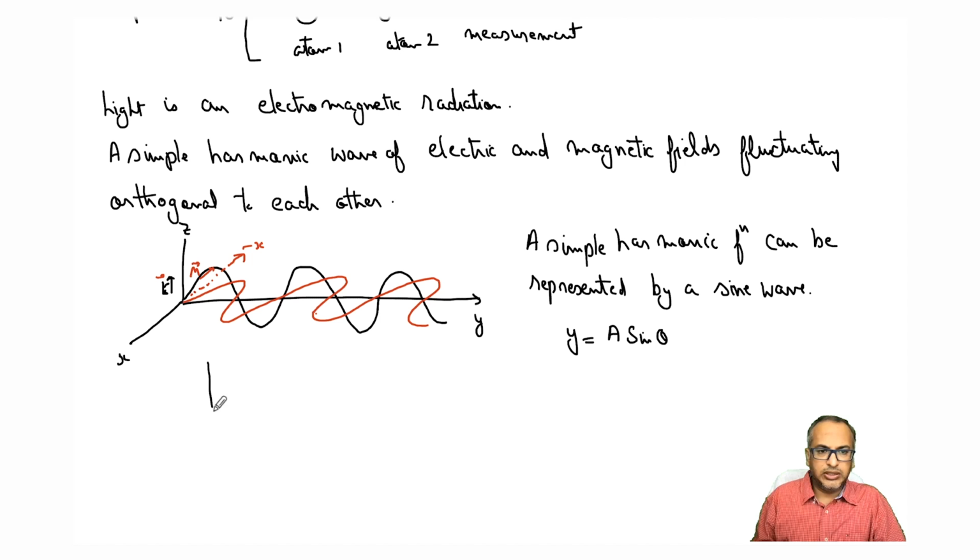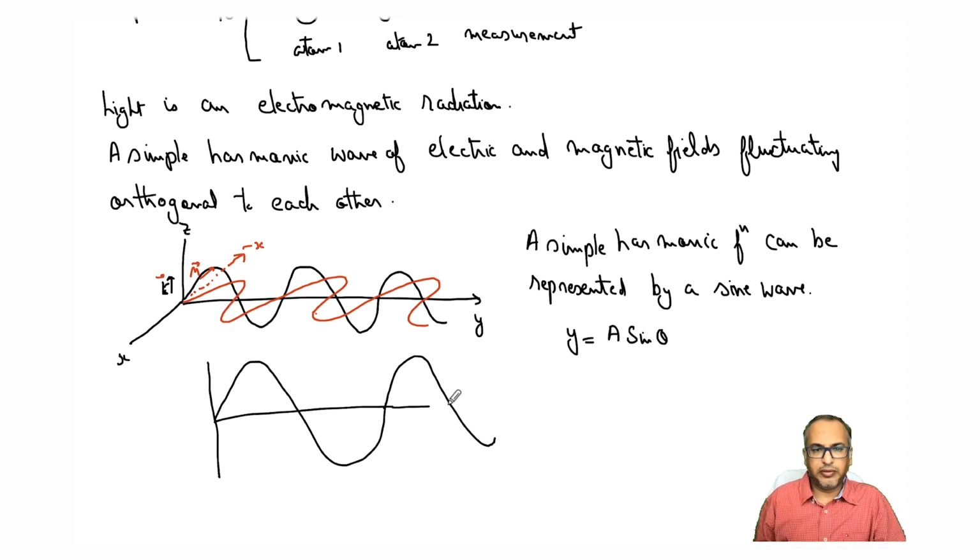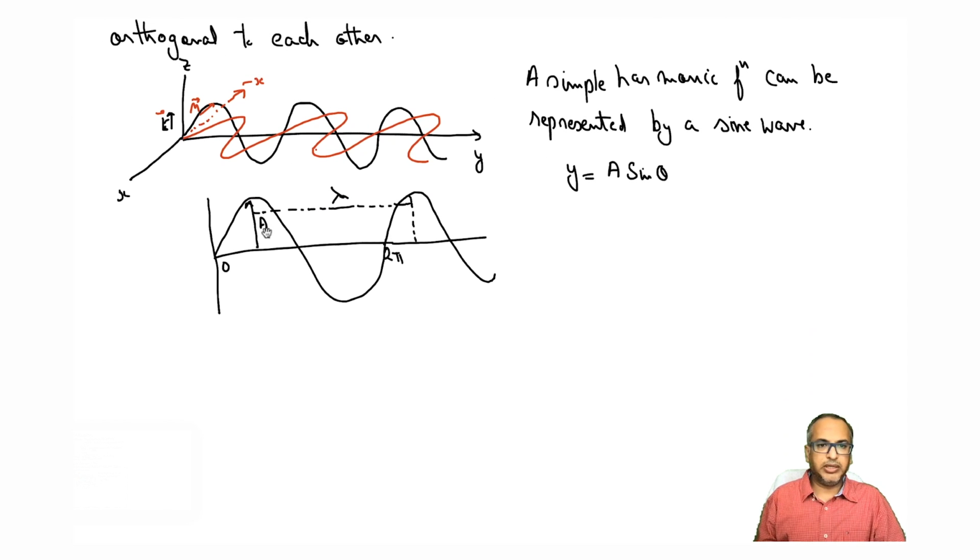Let's first draw this as a wave and look at what theta is and the different characteristics of a wave. If you have a simple harmonic sine wave, the maximum amplitude here is A, and this will be the wavelength, described by lambda, and this is 0, this is 2 pi. This is how a typical wave can be described.